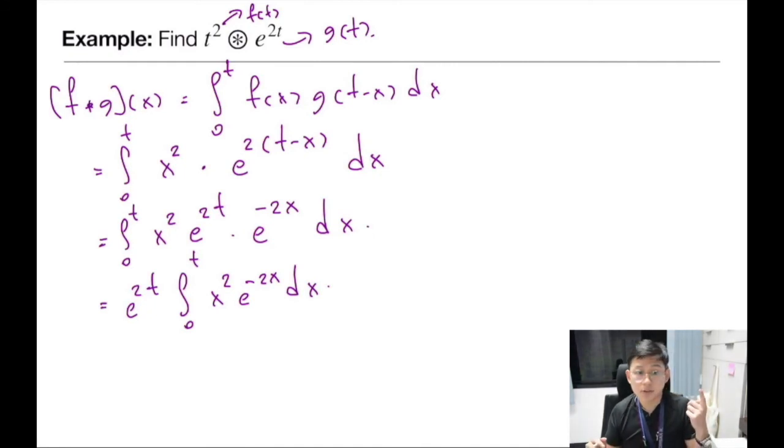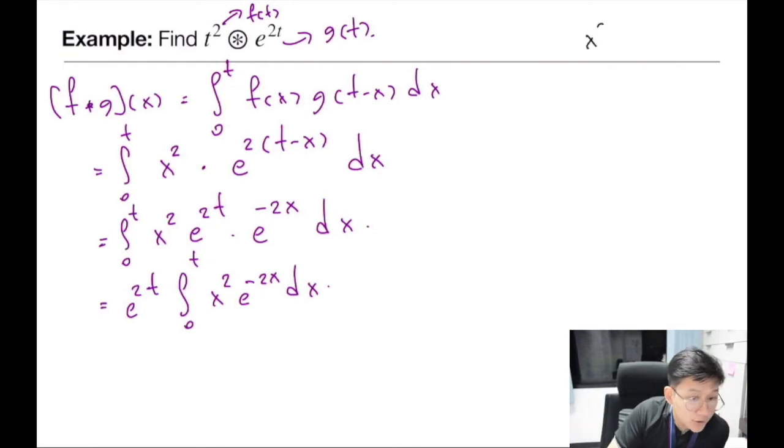And guys, I think we all know that it is integration by parts, which means we can integrate it using the integration by parts technique, right? So we have x squared e to the minus 2x. So we have 2x, then 2, then 0.